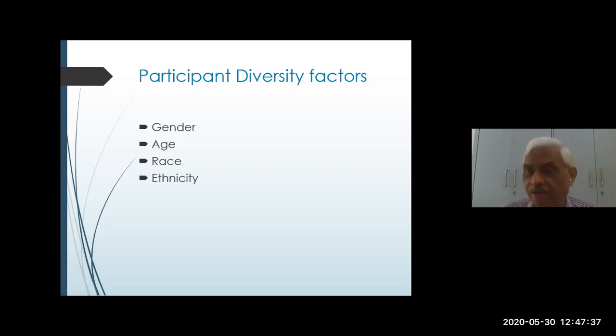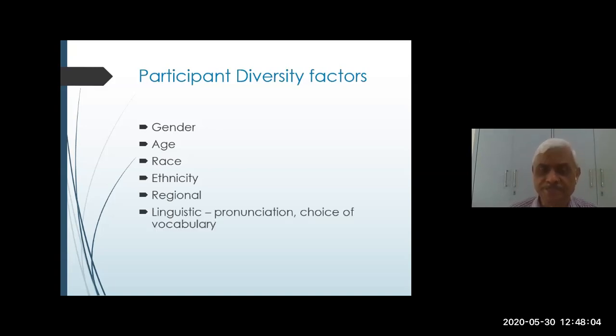If you have handled people from the Northeast, Manipur, Mizoram, and also people from Kerala or from Gujarat, it is quite a huge diversity, right? That also leads to what is called regional diversity, plus also linguistic diversity, right? So that is where one has to understand.